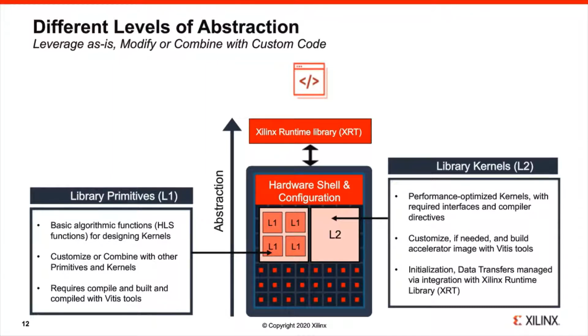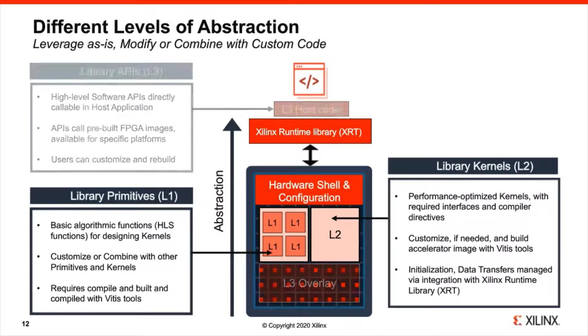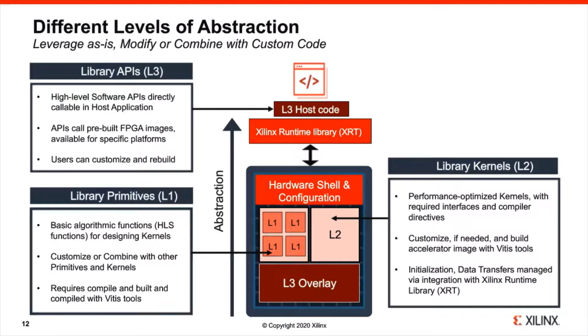At the highest level of abstraction is the library API or level 3 functions. These can be directly called from the host application. Essentially, these are pre-compiled FPGA binaries or overlays that are ready to be called from the host via a library API call. The primary use case of level 3 functions is to enable rapid prototyping and evaluation of the performance benefits that Xilinx can bring to your application.